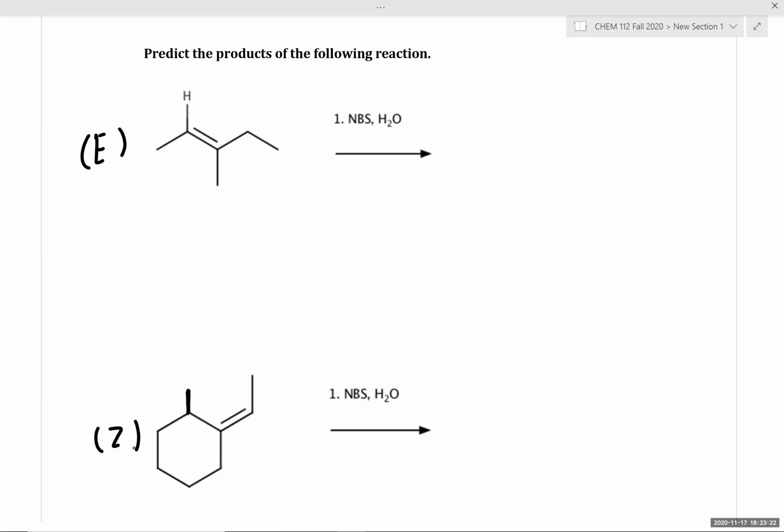Okay, so let's make a model of this structure. It's important that your model be accurate. Otherwise, you're going to end up with a small amount of trouble later on in this section.